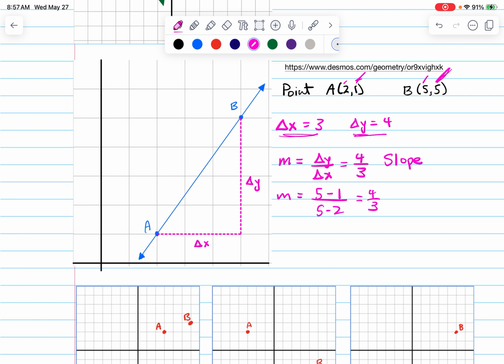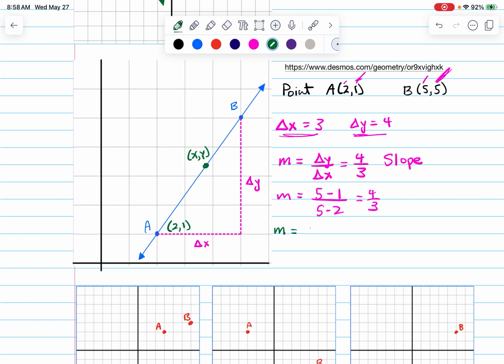Now that slope is going to be the same for any 2 points. So let's suppose you've just got some other point here. Let's suppose I've got a point right here, and I'll call this point x and y, like that. The slope is going to be the difference of, and remember this point down here is 2, 1.